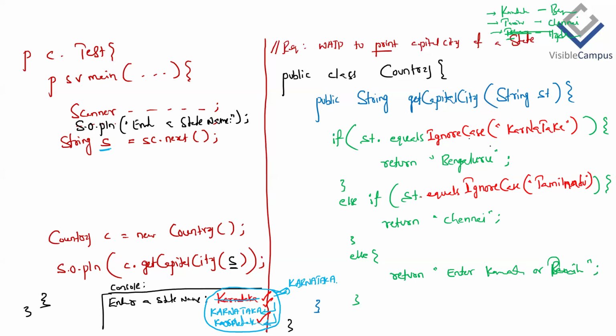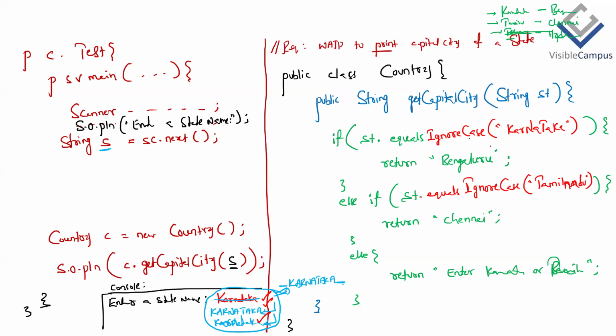But by chance, the user has entered some extra space at the last, or sometimes at the first also. It will happen. Then because of this extra space at the last, what's the output of our program? We entered Karnataka or Tamil Nadu only, but entered correctly.